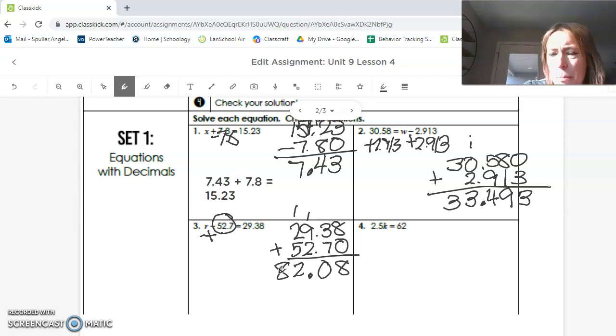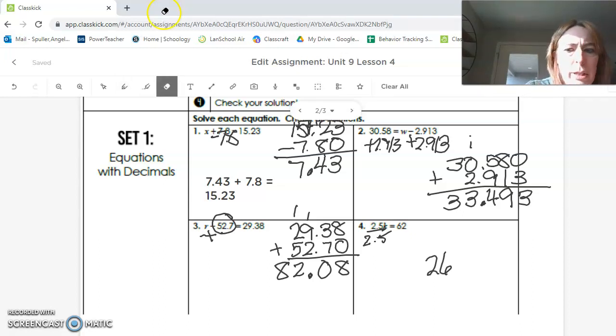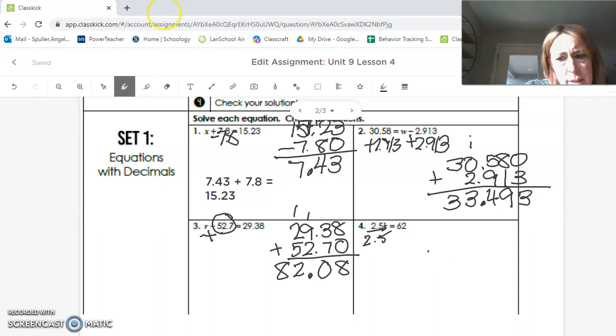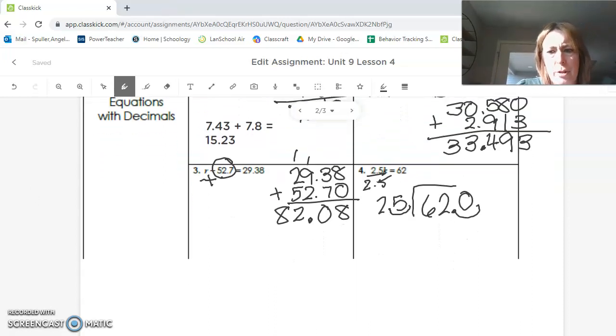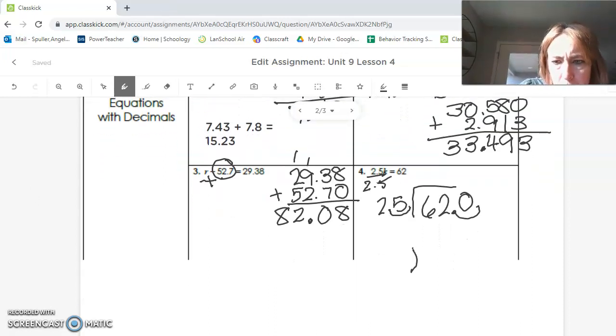All right, so here we have this. Remember, the numbers in front of a variable mean multiplication, so we're going to divide by 2.5. So we're going to say 62. I don't know why I wrote 26, Miss Oakley's typing. 62 divided by 2.5. Now remember, we can't have a decimal out here, so we're going to move it. But if we do that, we have to move this. So now, and I'm going to scoot my screen down, our new problem is 620 divided by 25.